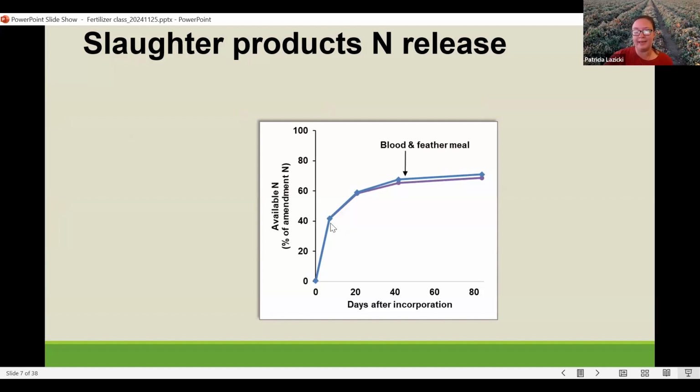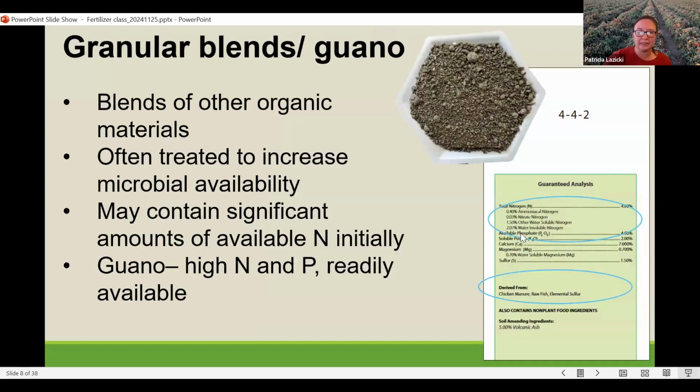And of that, more than half was released in that first week. So quick release materials, and they've pretty much released everything that they're going to by about 6 weeks after application. And I should mention that when we look across the literature, those are pretty uniform. So these are predictable products.